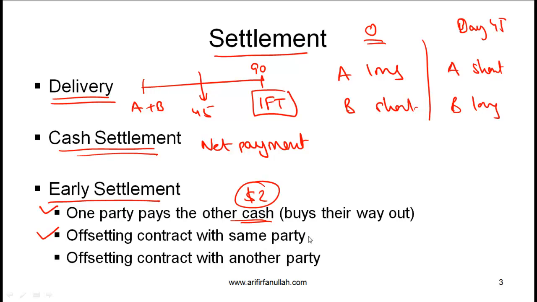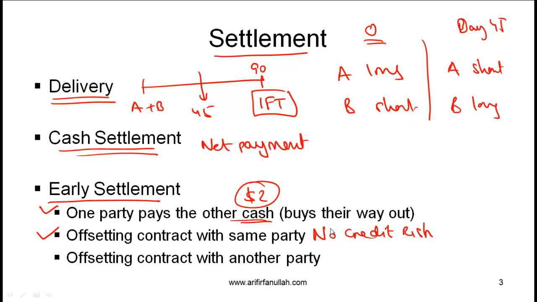And notice that when there is an offsetting contract, then there is no credit risk, because both parties have agreed on a certain amount to pay each other, and they have gotten out of the contract.